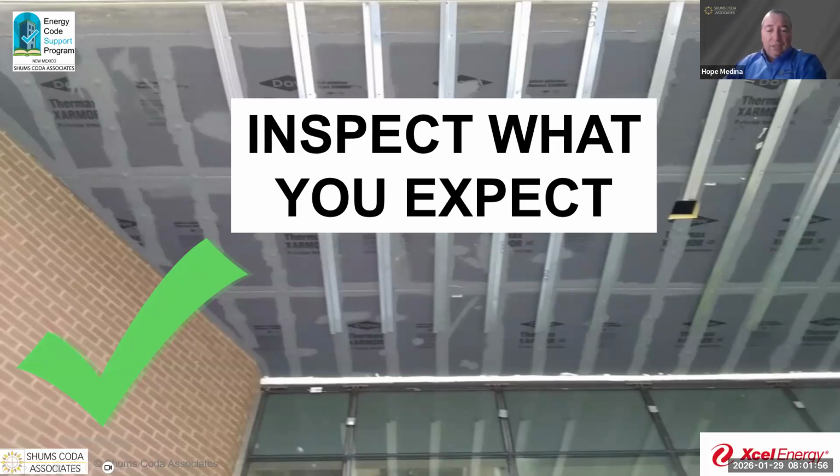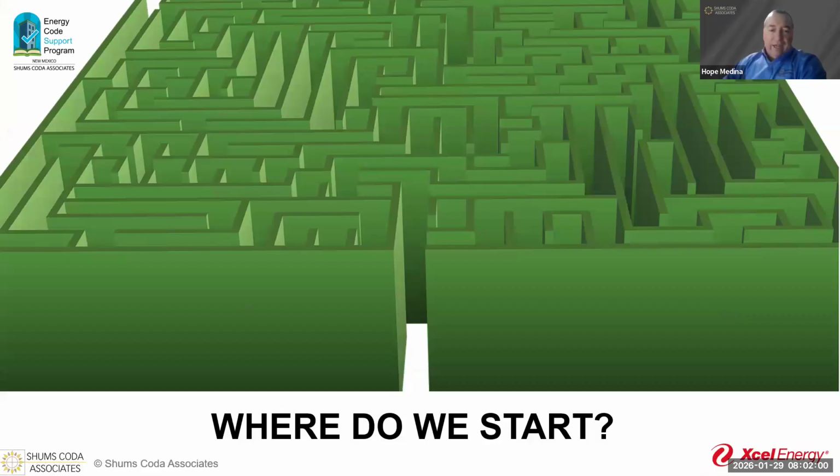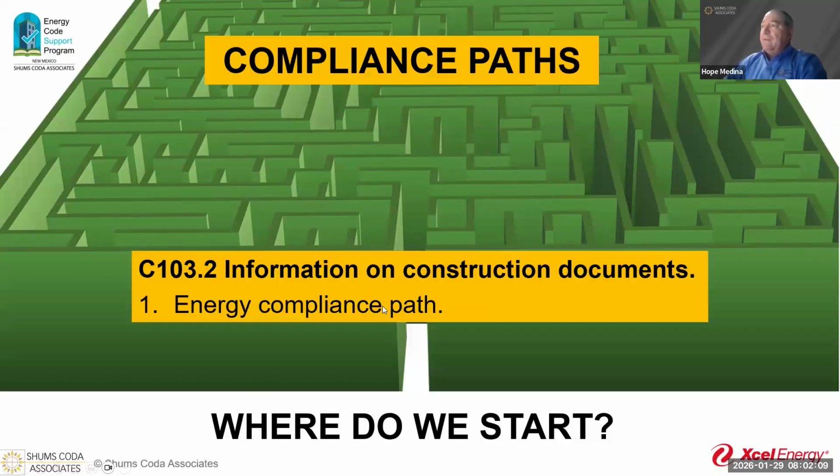So with that, we want to make sure that we know where to start. And when we're looking at where to start, that starting spot is going to come from the plans. The one thing that we always need is the information on the plans.